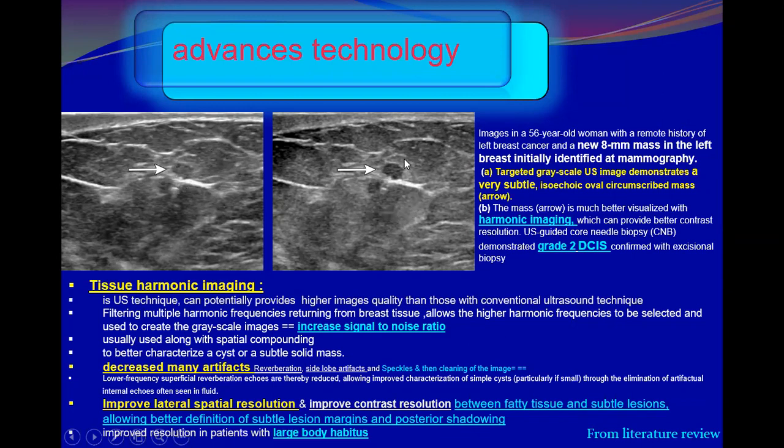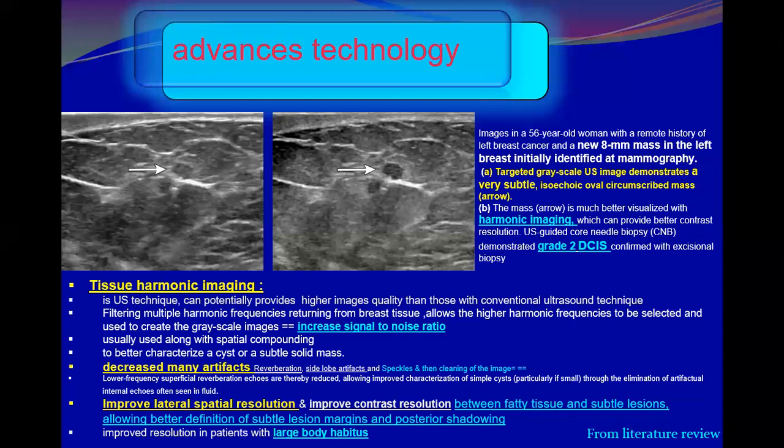But by using harmonic imaging, it provides a better image and improves the conspicuity of the lesion first, and then its characterization. Ultrasound-guided biopsy was performed, proven to be grade 2 DCIS. So it's really helpful.